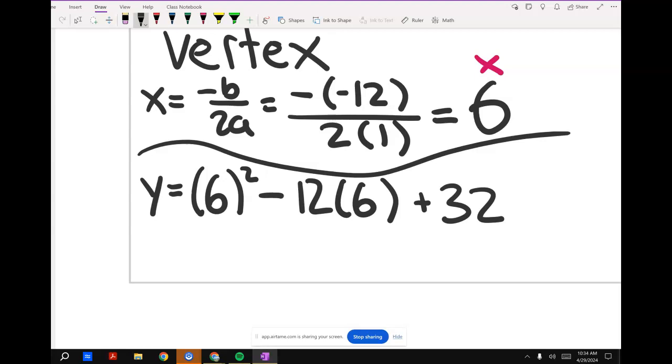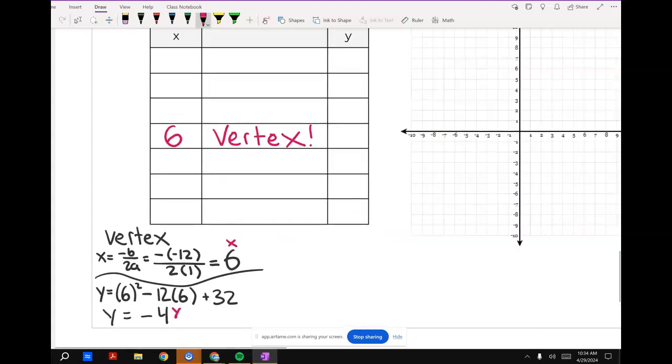So this would be 36 minus 72 plus 32. That would be y is equal to negative 4. There's our y value. Numbers are just a little bit bigger now. All right, nothing we can't handle. So our y value is negative 4. We'll put that in our table.